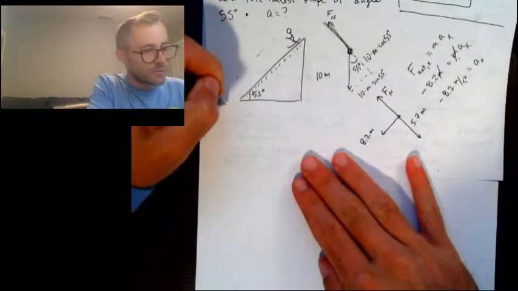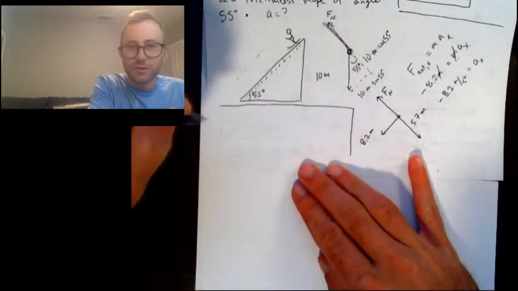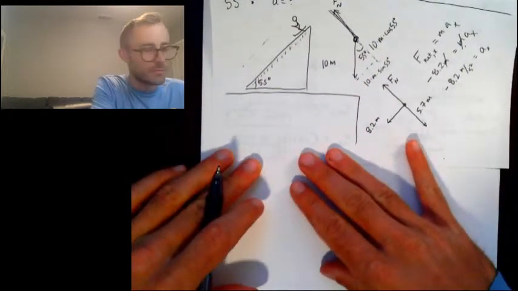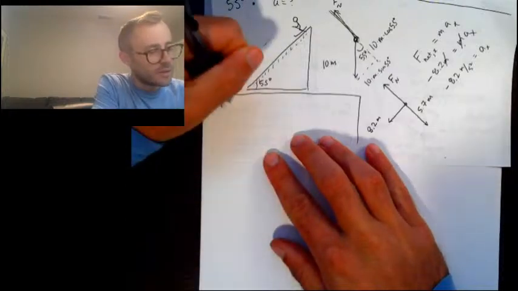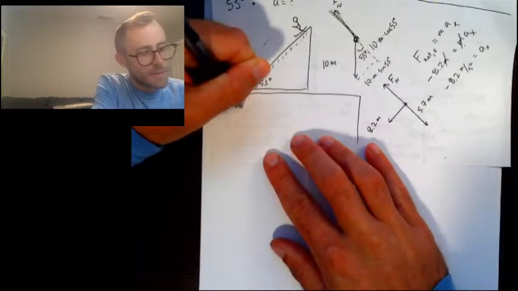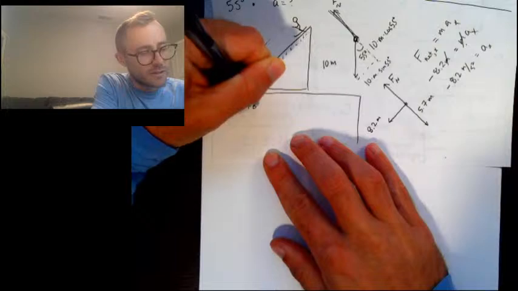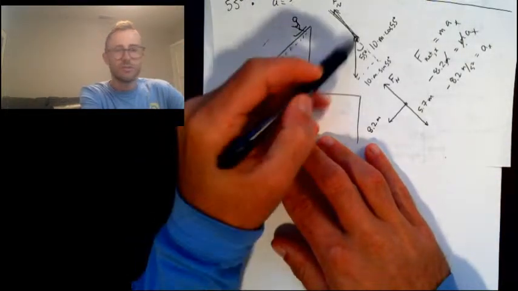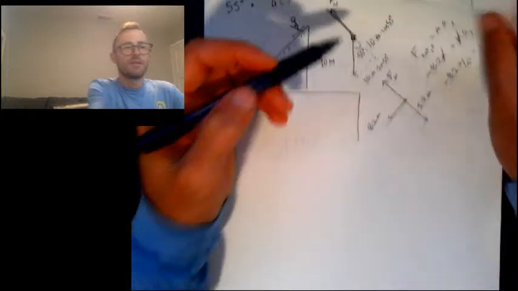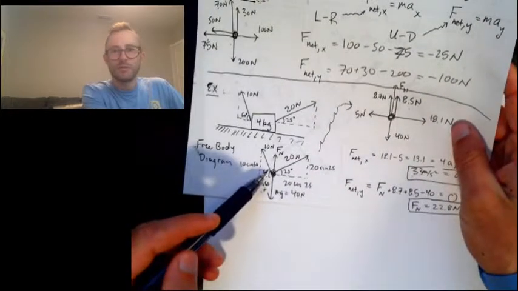what are the steps of solving this type of problem. So the first step is to draw a free body diagram. Okay? So this would be the free body diagram. This would be the free body diagram. This would be the free body diagram. Okay?